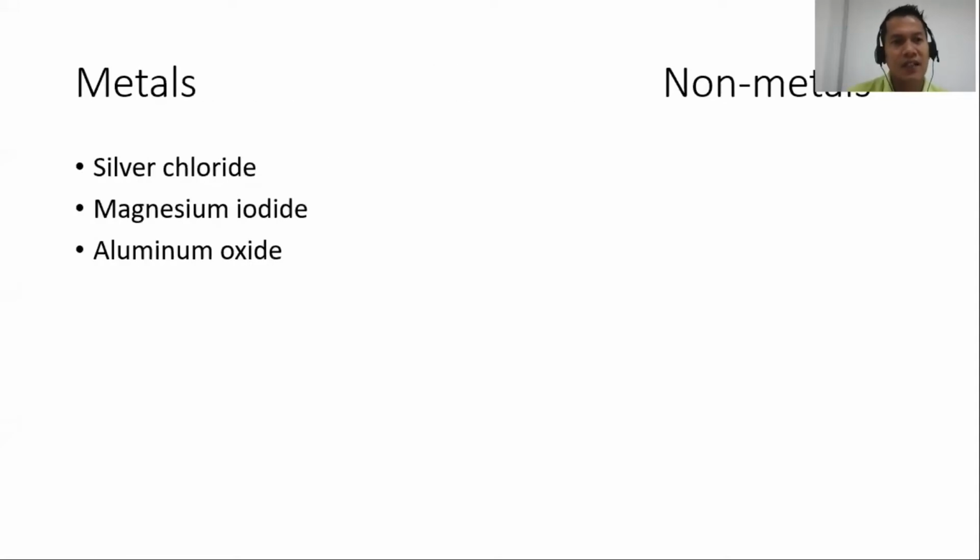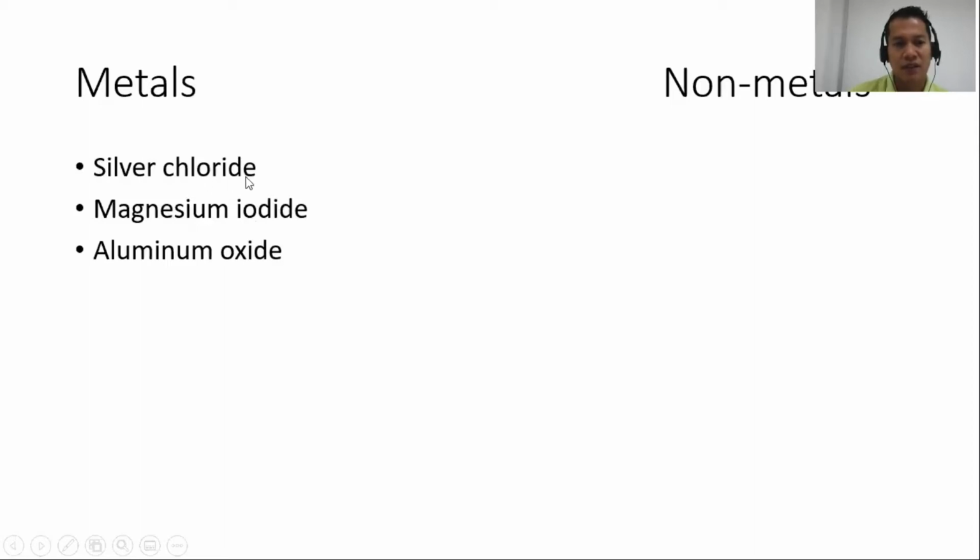Examples of ionic bonds: we have silver chloride, magnesium iodide, and aluminum oxide. In these examples, we have silver as the metal and chlorine, or chloride, as the non-metal. I'm going to tell you later on what the difference is between chlorine and chloride.